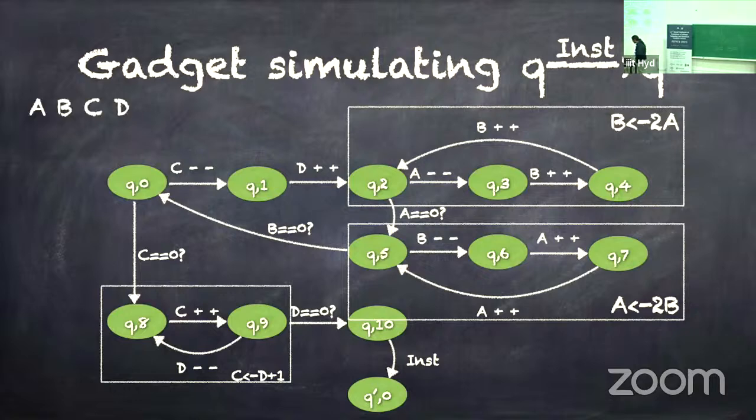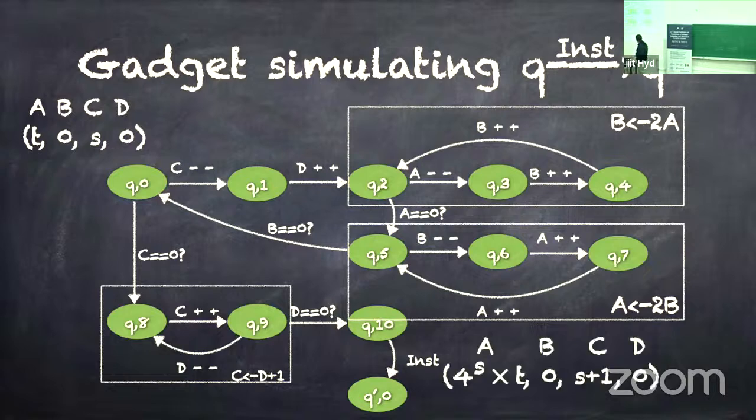Now notice the following. If my counters are T0, S0, the number of times I'm looping over these two boxes is exactly the value of C, which is S. So I'm actually multiplying A with 4, S times.